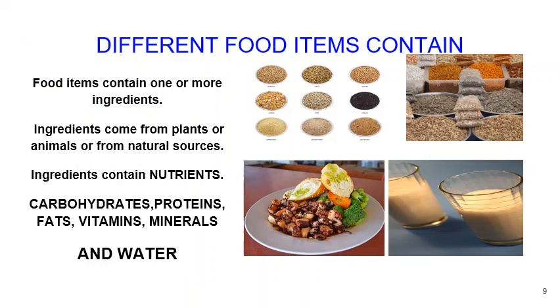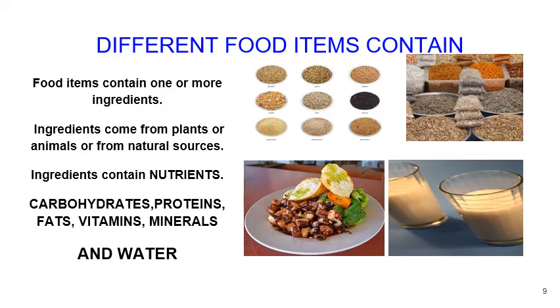Now here we have shown different food items which you have learnt already in your lower classes or in the first chapter. Food items contain one or more ingredients. Here are grains. These are the grains. You know they are all names of different grains, you must be able to identify them.